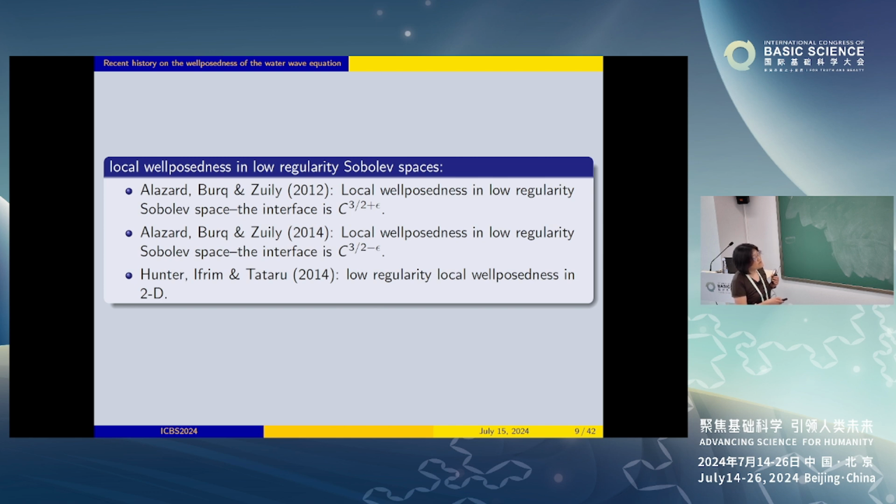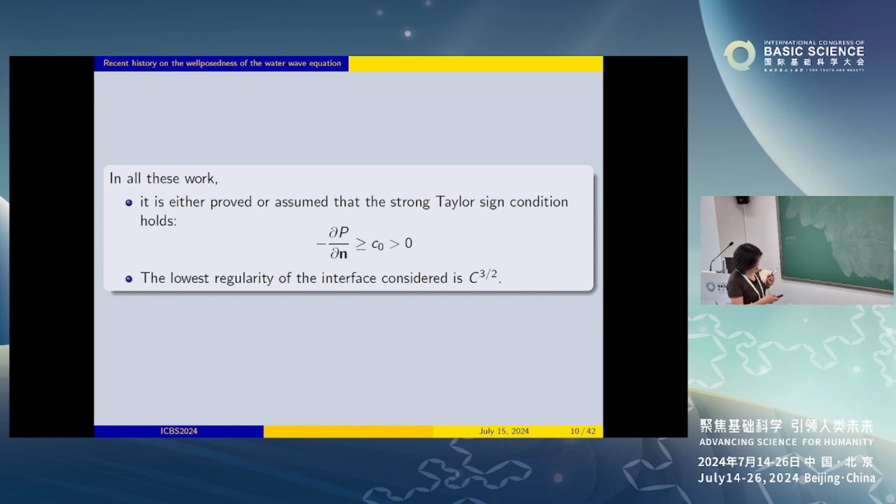But for this type of interface, you won't see angled crests, because it's C^(1+1/2). And in all this work, as we mentioned earlier, the strong Taylor sign condition holds, because as long as the interface is C^(1+gamma), the strong Taylor sign condition holds, with a positive lower bound.